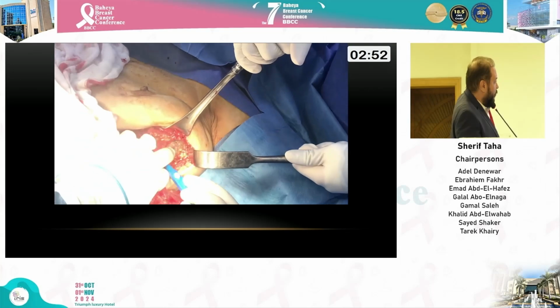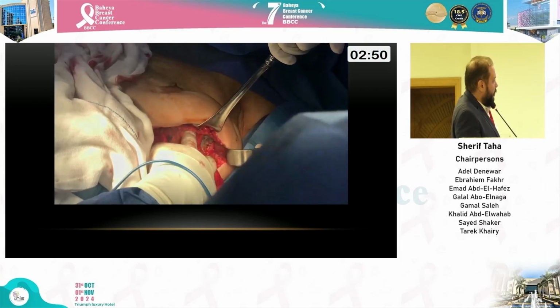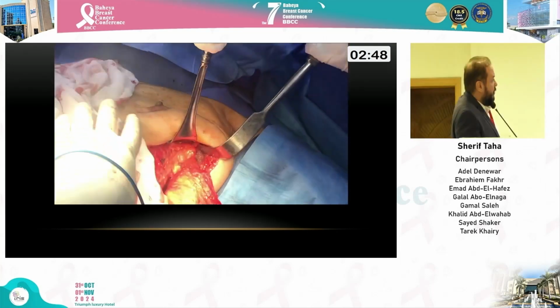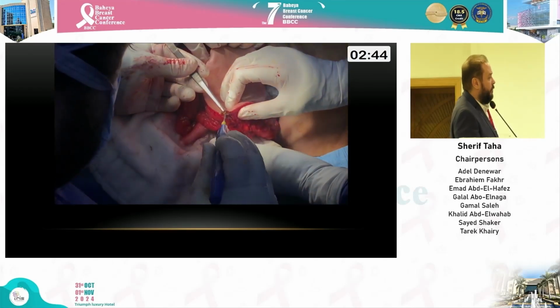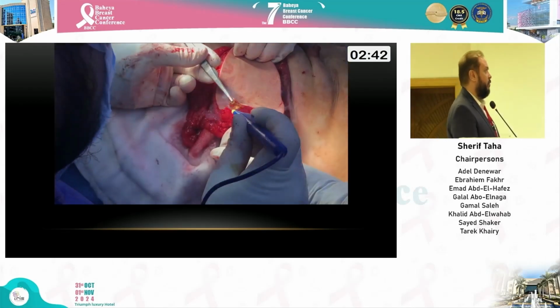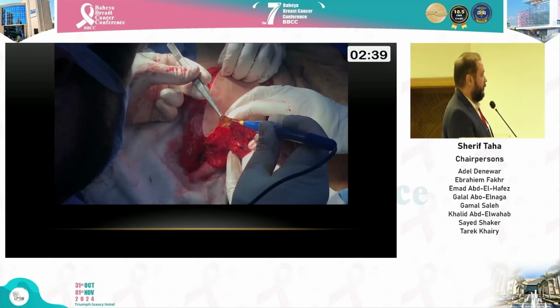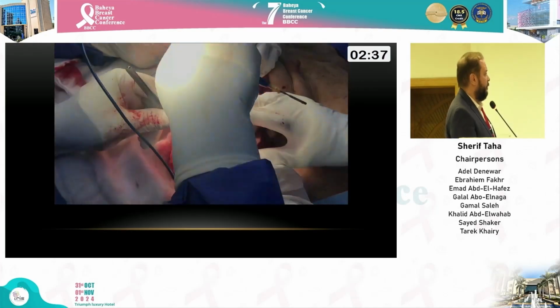I usually cut the whole tendon. I used to cut the nerve, however, these days I don't cut the nerve because this increases the atrophy of the muscle. However, I cut the tendon completely. Deepithelialization is done.